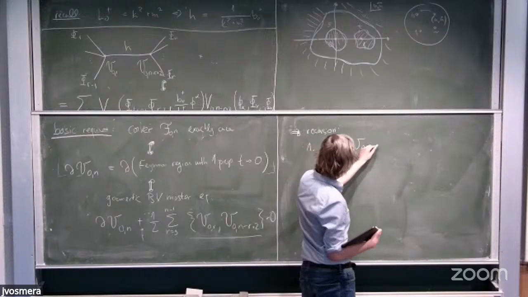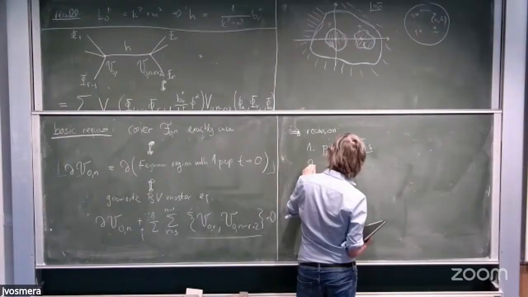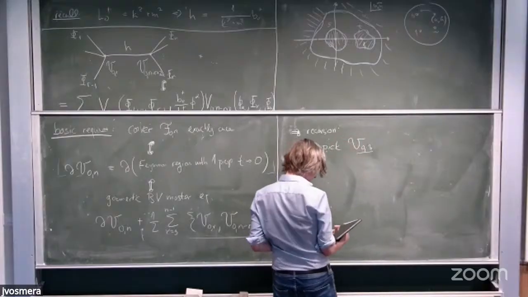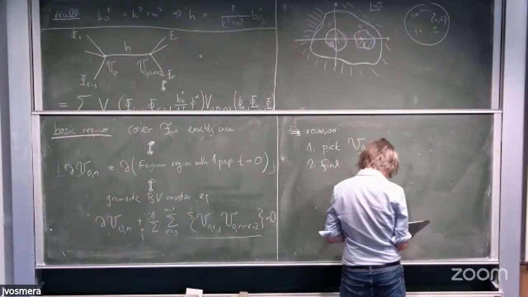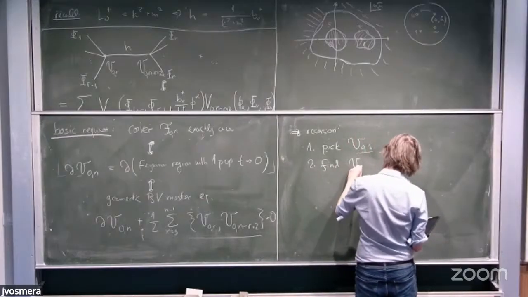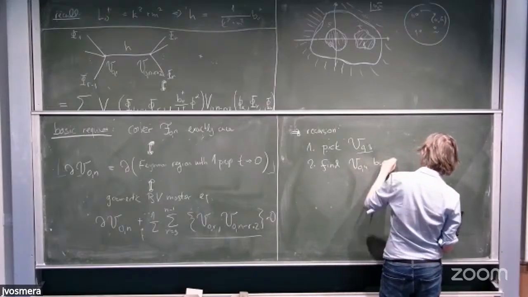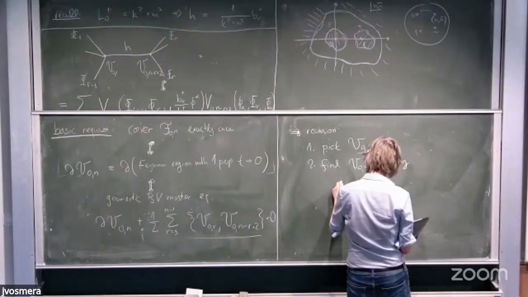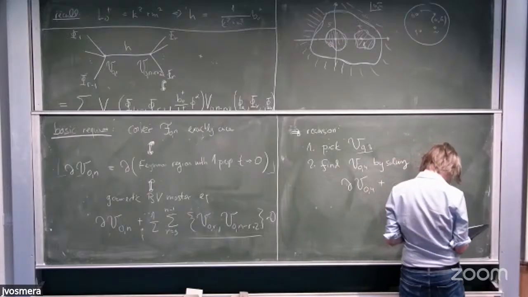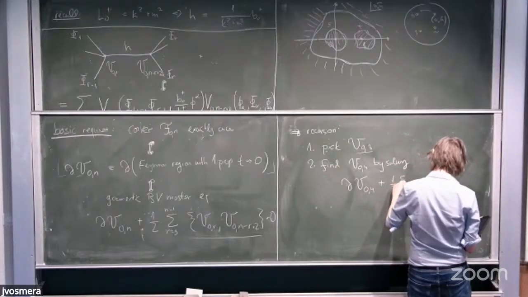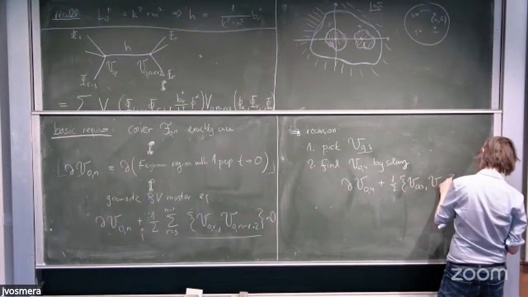But since we know that this has a zero-dimensional moduli space, that should just amount to making a choice. And then the geometric BV master equation tells us that in order to find V04, we have to solve an equation: boundary of V04 equals half bracket V03, V03.